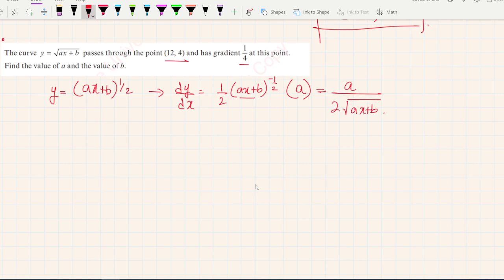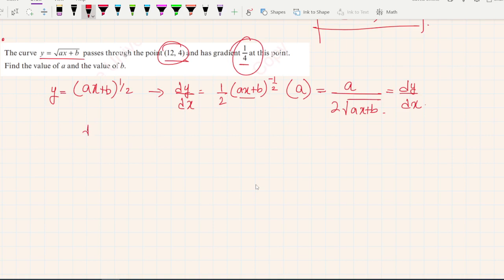Now the question is saying that the curve passes through this point and the gradient is 1 over 4 at this point. Sorry, the value of x is 12.